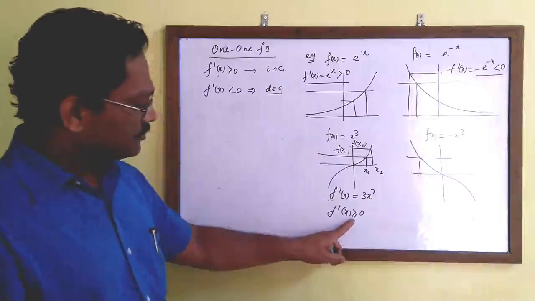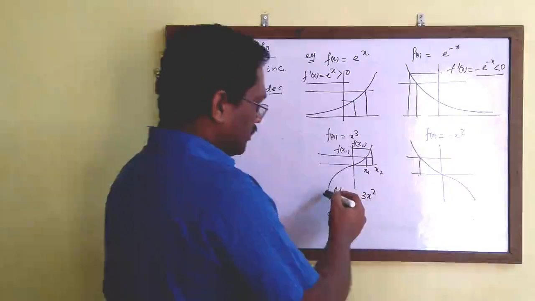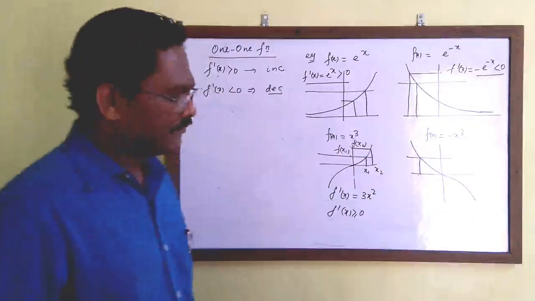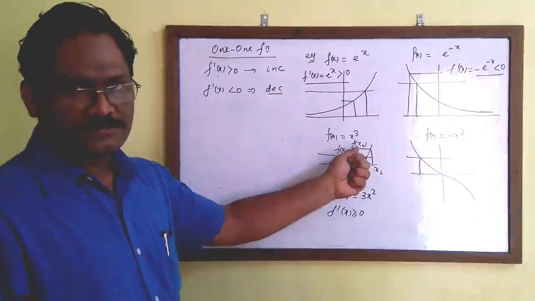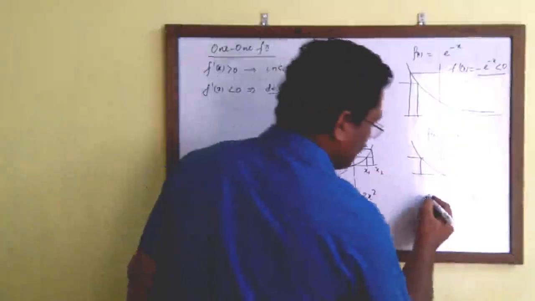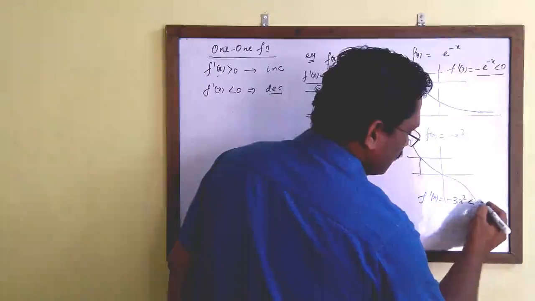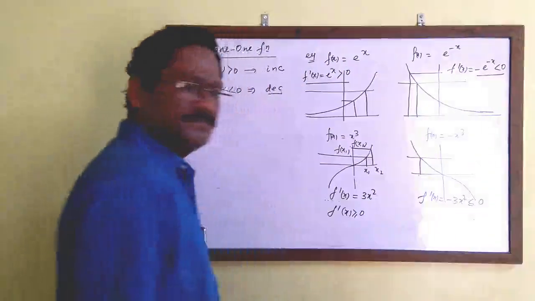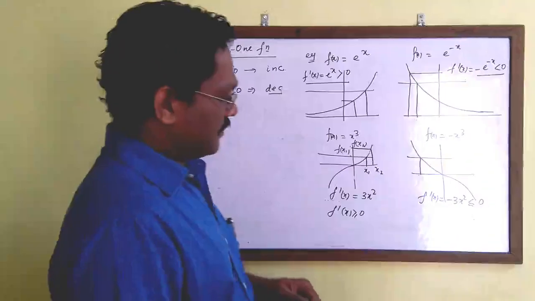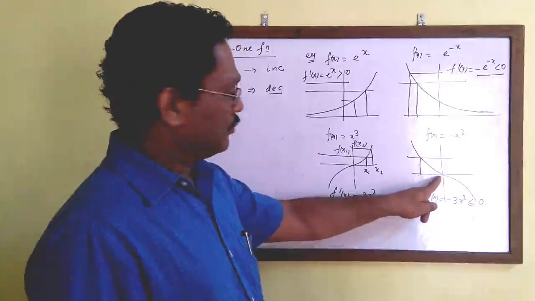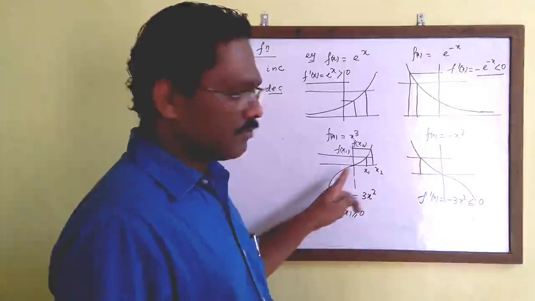So despite this being equal to 0, you can see from the graph the function is always increasing. And here also f dash x is equal to minus 3x square, which is less than or equal to 0, but still the function is decreasing. At 0 you don't get any critical point, neither here nor here.